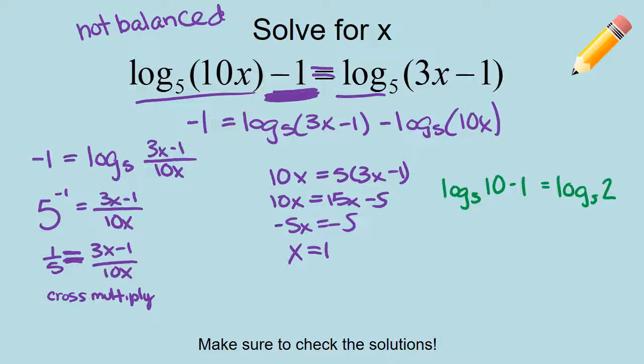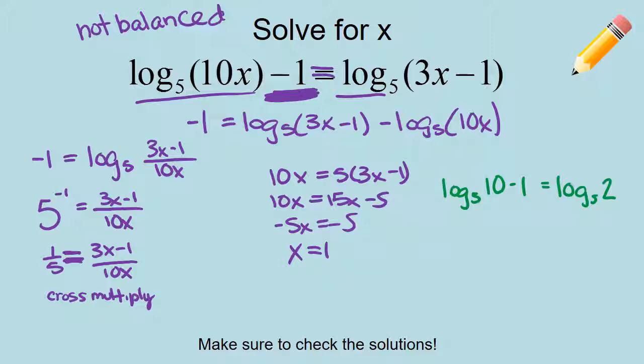I'm going to plug that straight into my calculator using parentheses carefully, so please watch out for that. So I'm going to take log of 10, and I'm going to divide by log of 5, and I'm going to subtract 1.